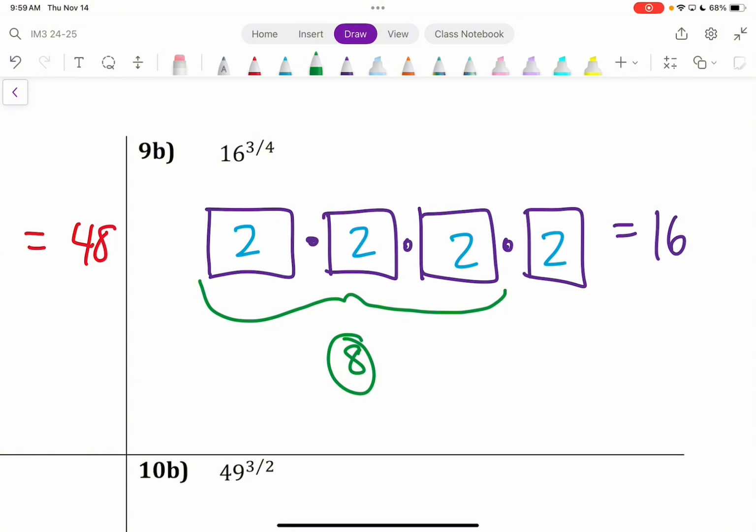So my solution is 8. Are you guys understanding that part? So the bottom number of the fraction, the denominator, tells you how many groups you need to split evenly into this. And then the top number tells you once you have the number, how many of those you want, and then you multiply those together. Okay, so that's how it works.